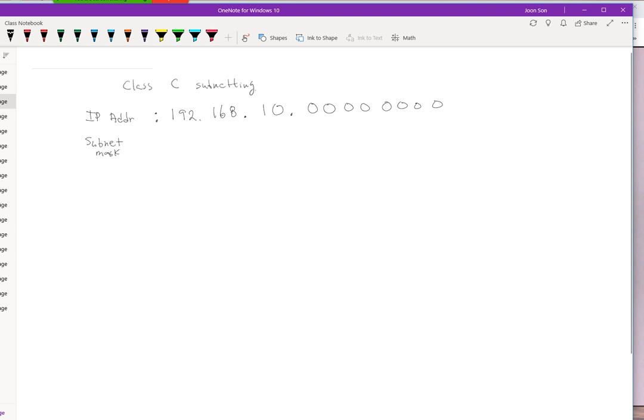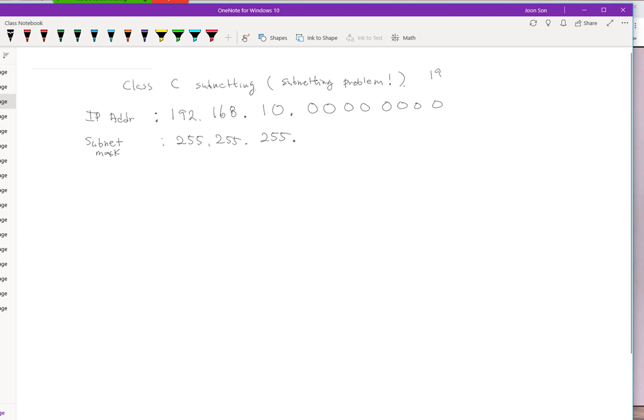Of course, in the problem I always indicate that this is a subnetting problem. And then the subnet mask given is 255.255.255.192. So it's 11111111 and then 192.